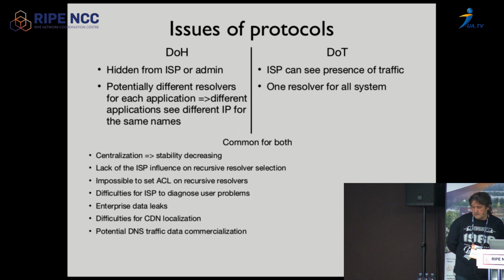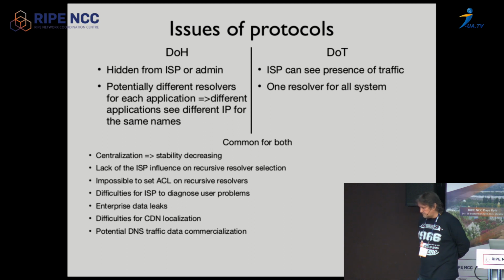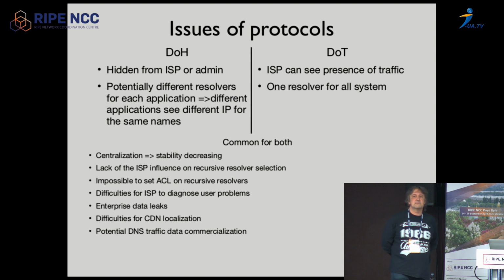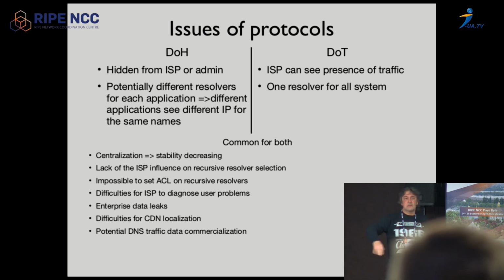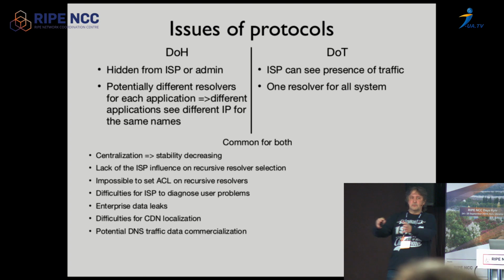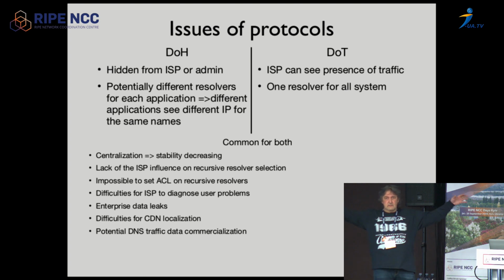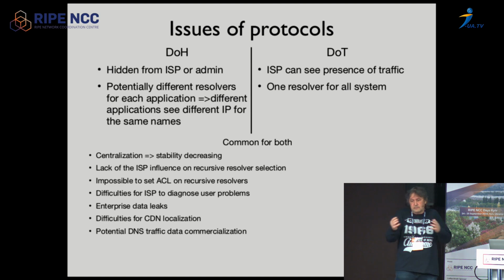Also, the complexities of content delivery network localization. Right now, Google, Facebook, and other global companies define where the request is coming from, and in the resolving, it provides you IP addresses that are closer to your place. So, for instance, if they have their servers worldwide, it makes no sense to use the server from the US if you are in Ukraine.